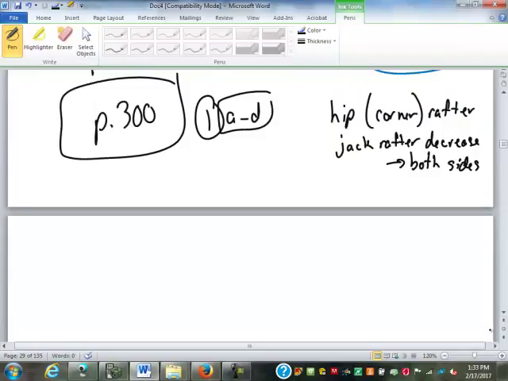And then number 5. For number 5 on down there, there's a valley and a hip. For both the valley and the hip, I want you to find the jack rafter decrease on each side.